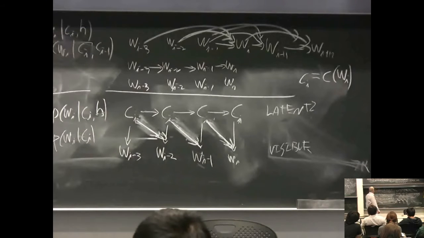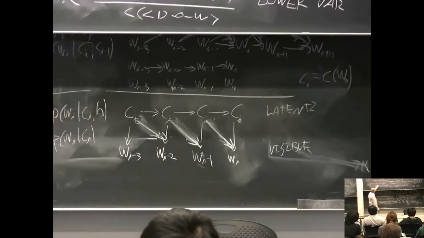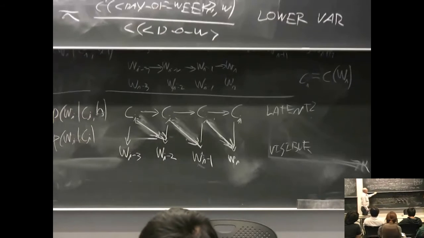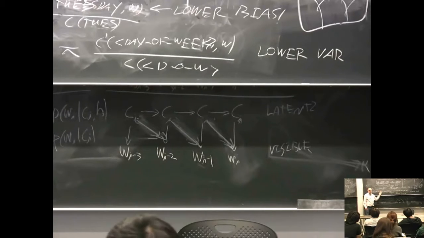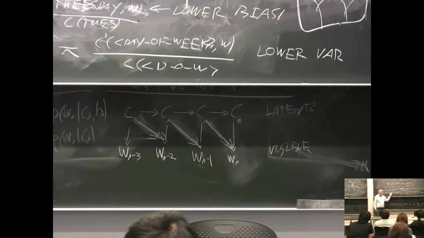So I gave an example here. Let's go back to the example. Do you believe that the distribution of the next word depends on whether this is Tuesday, or is it the same also for Wednesday, Thursday, Friday? If you believe that they're the same, then you should always cluster them together. If you believe that they're different, well, then it depends on how much data you have. Do you have enough data to see the difference?